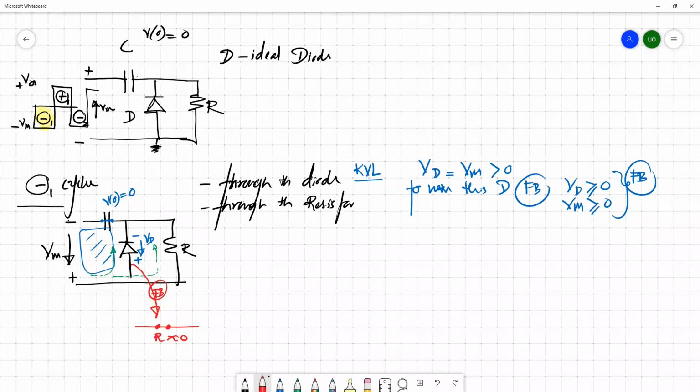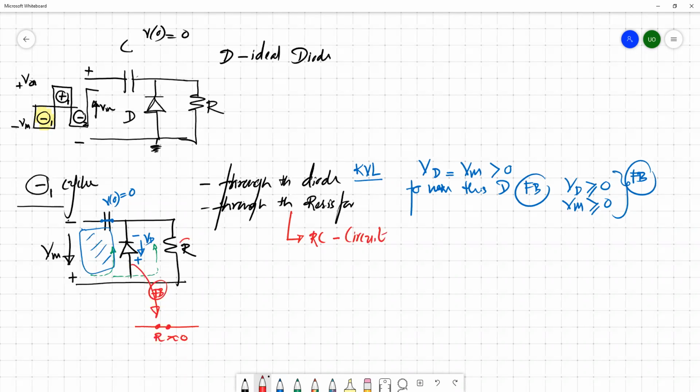This is for the circuit through this diode. Then we will consider the circuit through the resistor. We have a capacitor and a resistor, so there may be a chance to charge through the resistor. In this block, we easily find that there is an RC circuit.